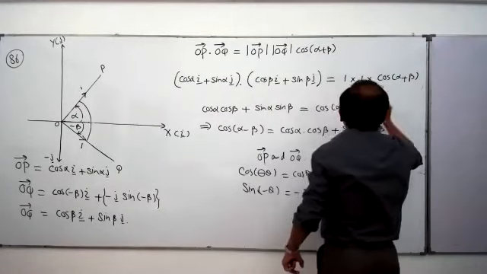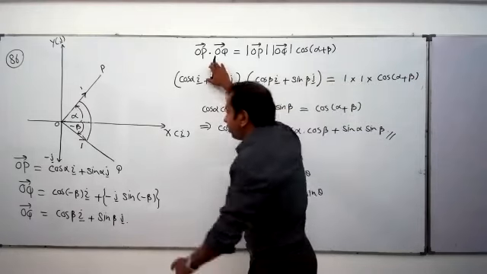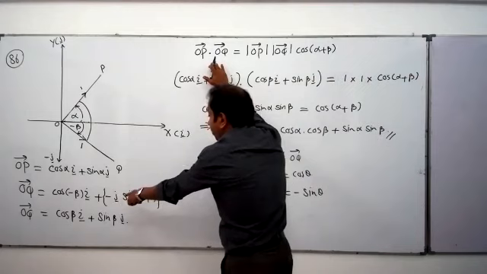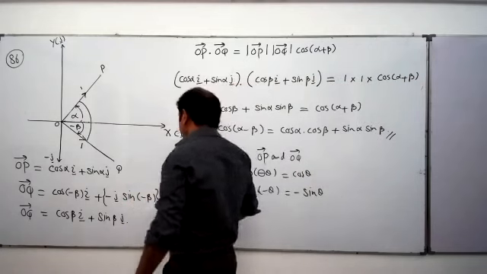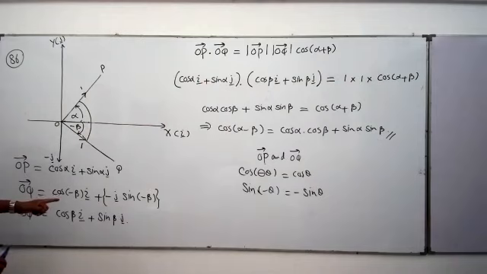Here we have to have alpha plus beta. Now here OP is the same vector, but the OQ vector is, people, what? Cos beta i, minus j sine minus beta. Right. Now substitute them there, people, and try to get this answer.